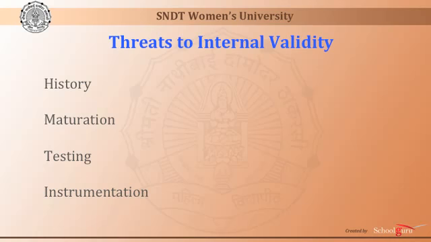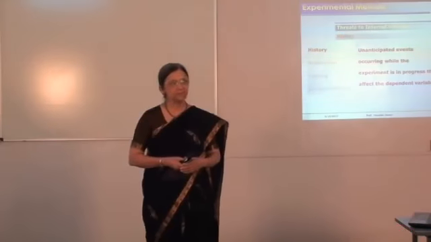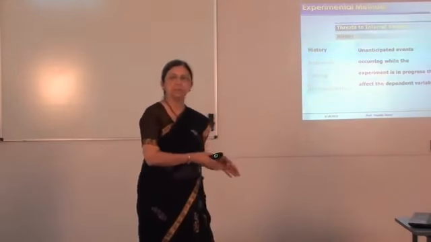Some of them are here: history, maturation, testing, instrumentation. What is history? It is unanticipated events occurring while the experiment is on. So something happens for one group, it doesn't happen for another group, and then even if you go ahead with the experiment, the findings which you got will not be really generalizable.